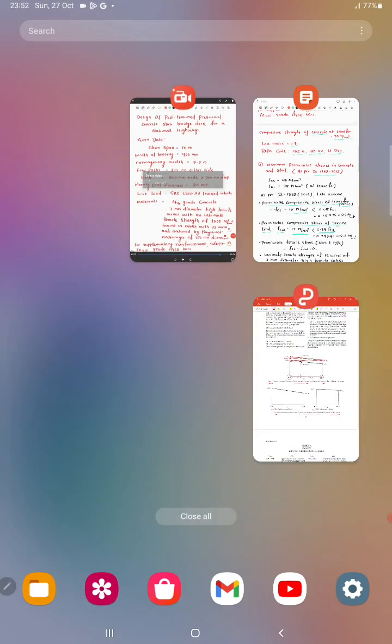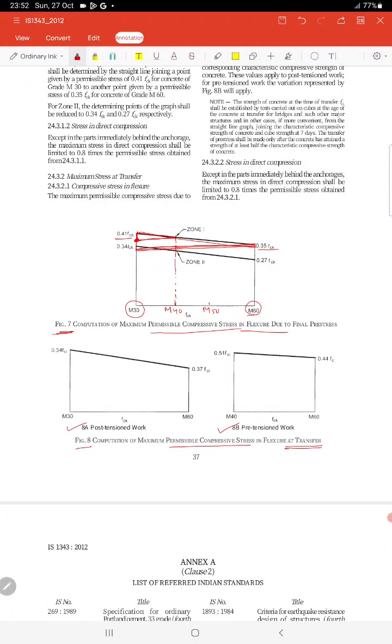Similarly, the permissible compressive stress at transfer for our case, the FCI value is 35. So here for M30 it is 0.54 FCI. For M60 it is 0.37 FCI. So this will be M40, this is M50. We need this value, corresponding will be here.